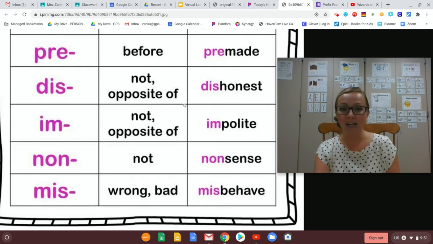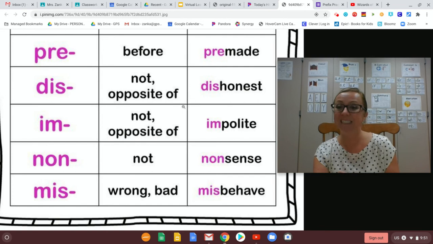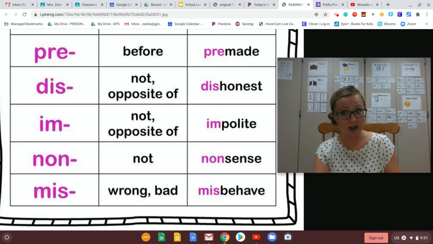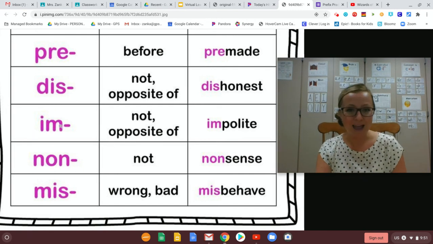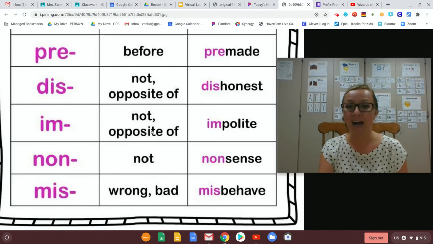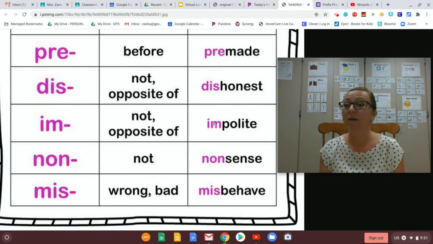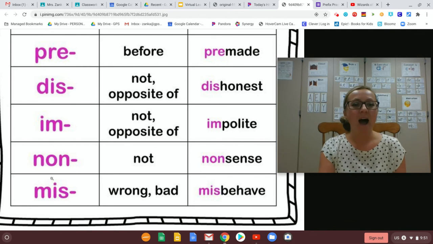Dis means not, or the opposite of, like being dishonest, you're not being honest, or being disrespectful, you're not being respectful. Im, or im, again, also means not or the opposite of. So you're being impolite. You're not being polite right now.